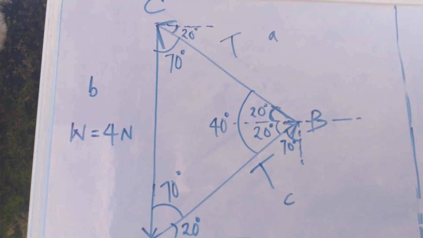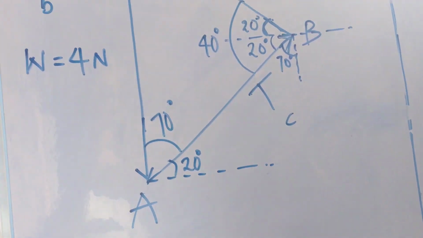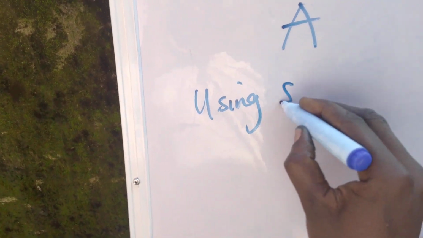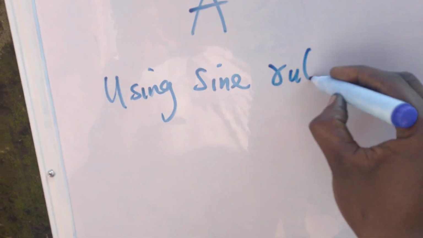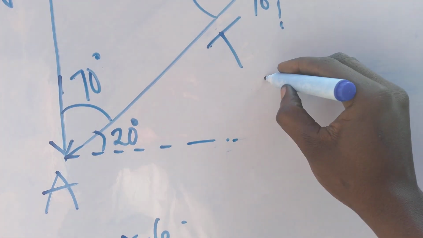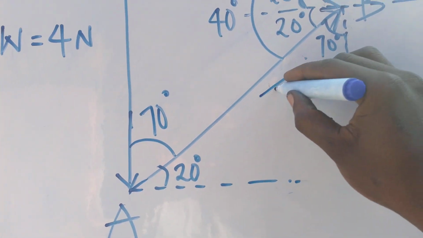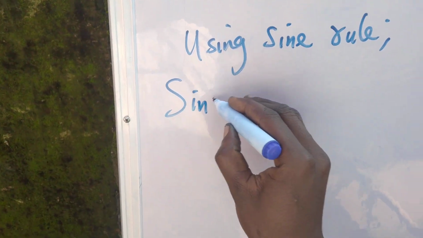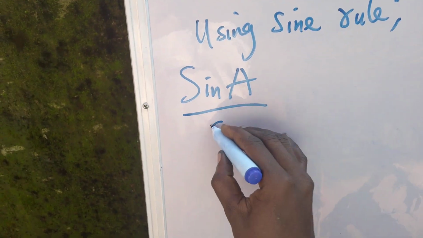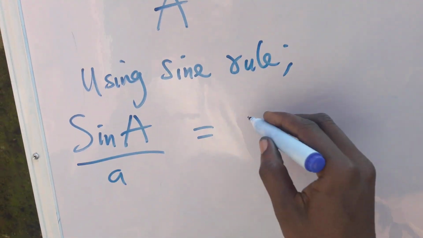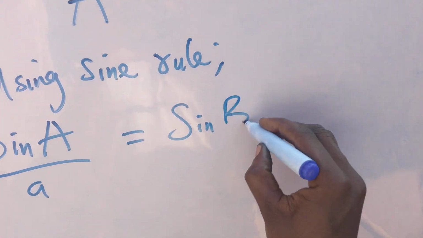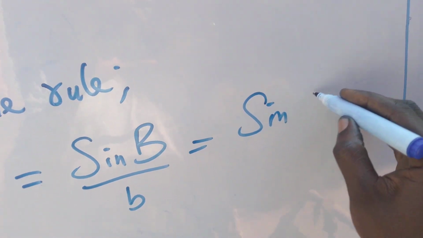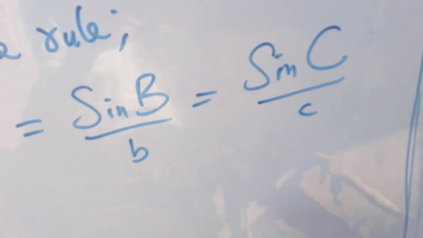Now we use the sine rule. Using the sine rule, that is sine A over small a equals sine B over small b equals sine C over small c.